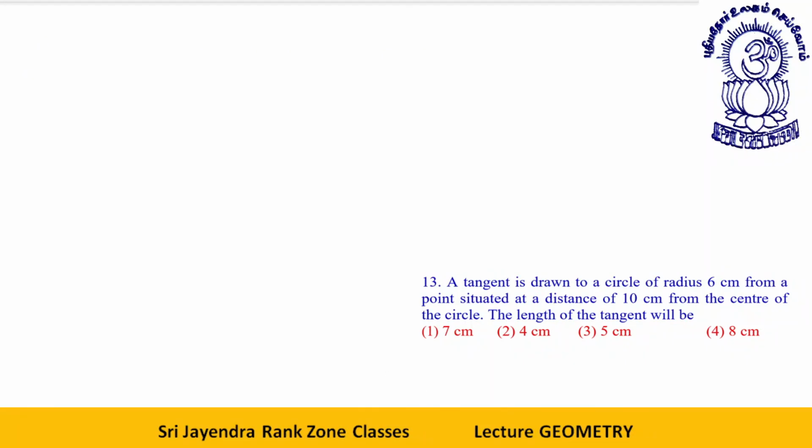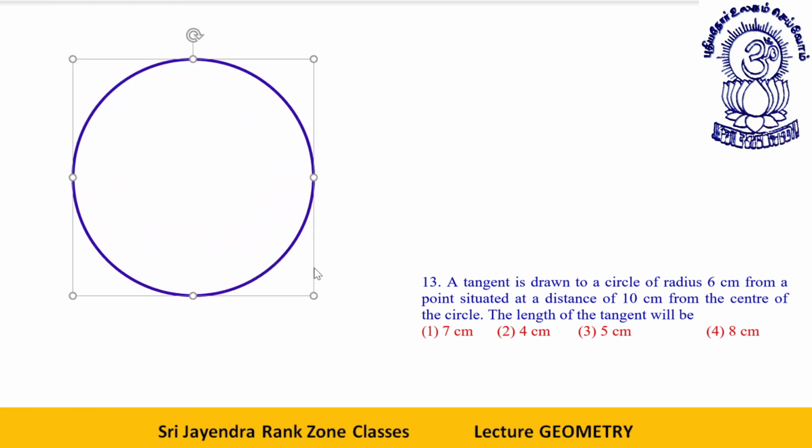Read the question. A tangent is drawn to a circle of radius 6 centimeter. From a point situated at a distance of 10 centimeters from the center of the circle. Let's say this is the center of the circle P, and this is 10.